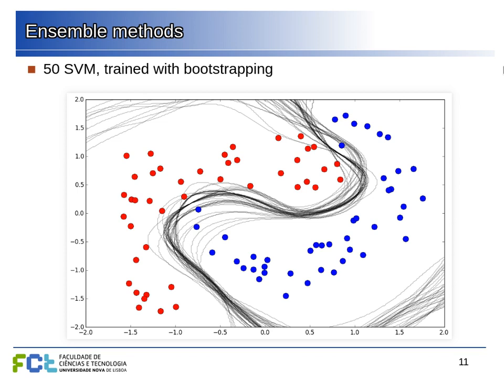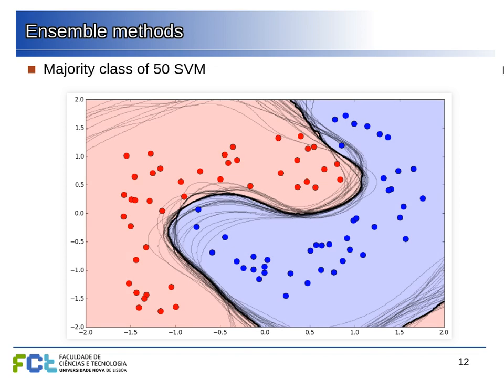And when we compute the majority vote, we get that discriminant there. So that is the discriminant of the ensemble of all those support vector machines by picking the majority vote for each point. So this is one way of joining together a set of regressions or classifiers, and by using the average of the predictions, we can reduce variance without increasing bias.